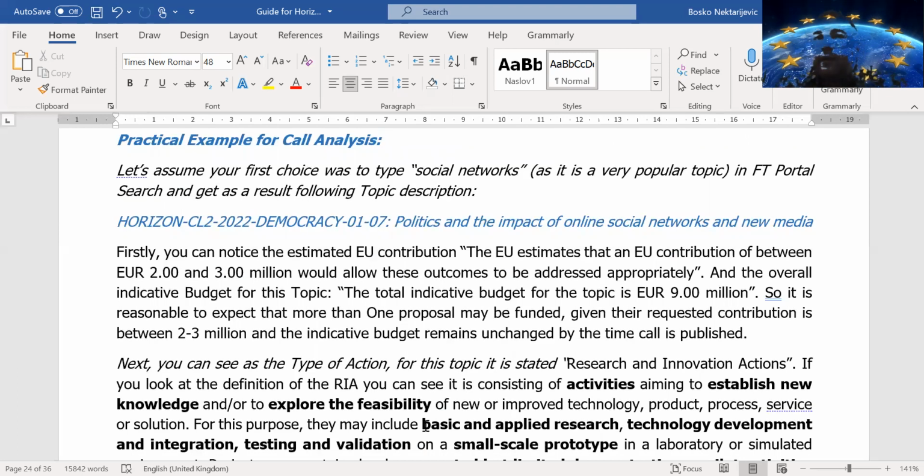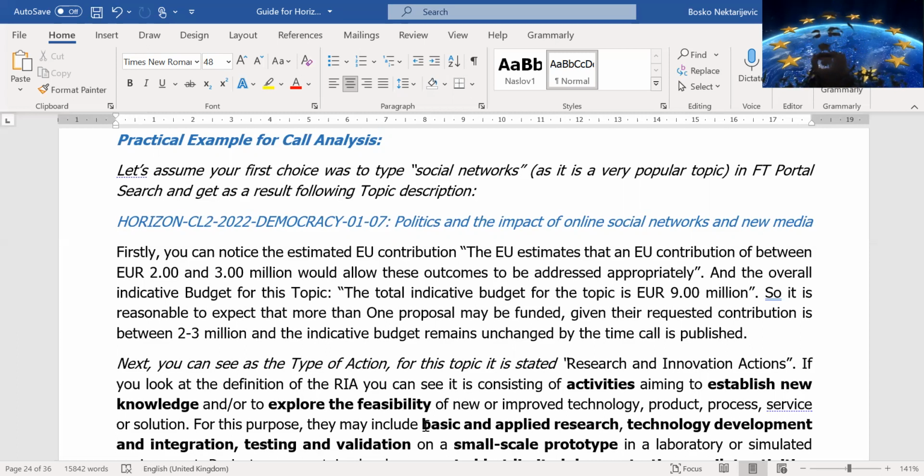What I've done, I typed social networks because it's a very popular topic, to see what kind of results I'm going to get. Unfortunately, not all calls are yet published. At the moment, we have draft work programs, so my search also included drafts. Most of them are publicly available, but it should be emphasized that those are drafts and may be changed at some stage.